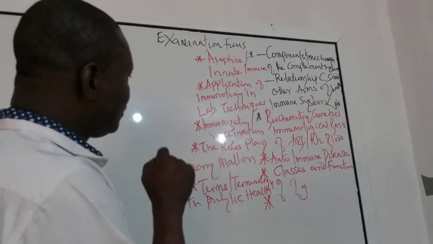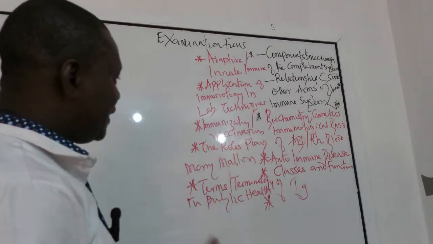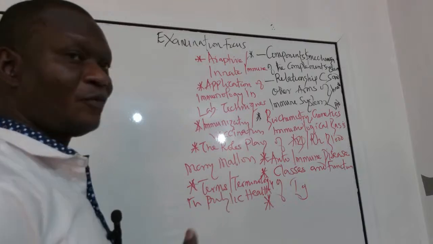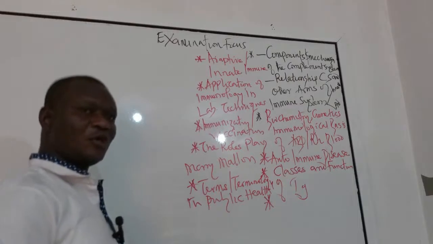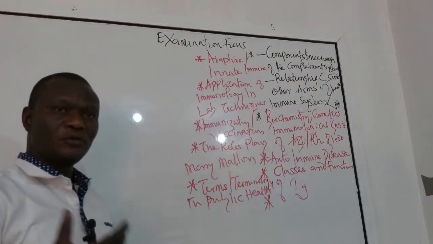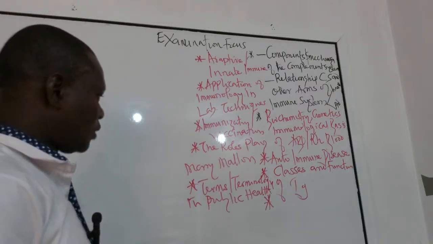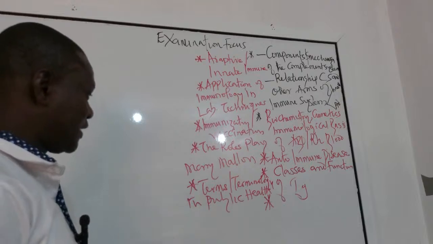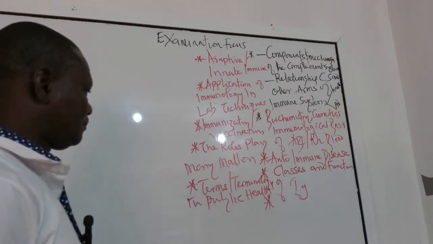The second focus should be on the biochemical, genetic and immunological basis of ABO blood grouping as well as rhesus blood grouping system. Then you should be able to focus on autoimmune diseases. What are they? What are the case studies? Give us examples. What are the clinical manifestations of each of these?